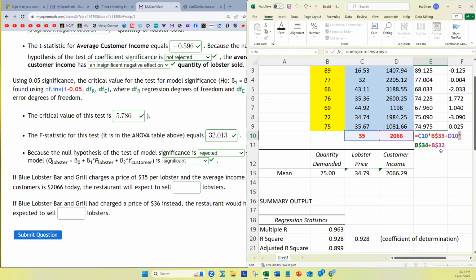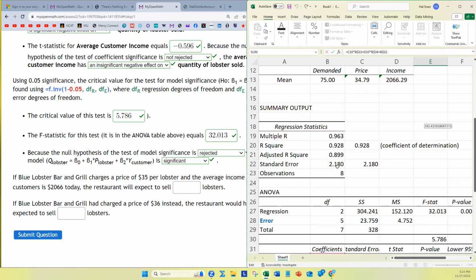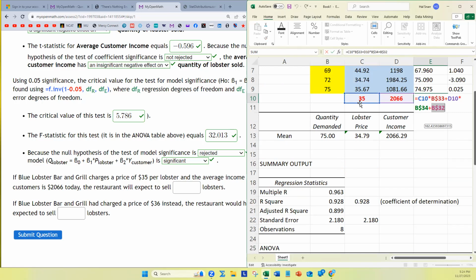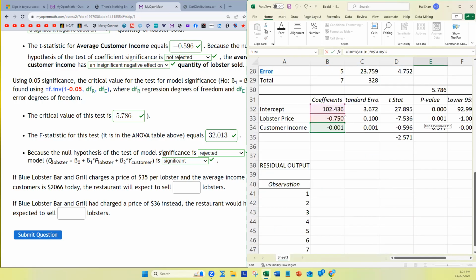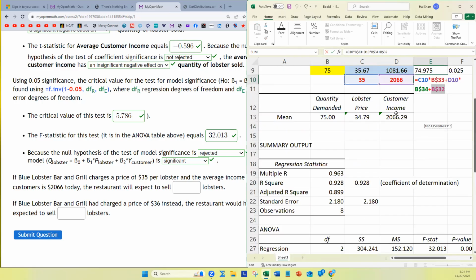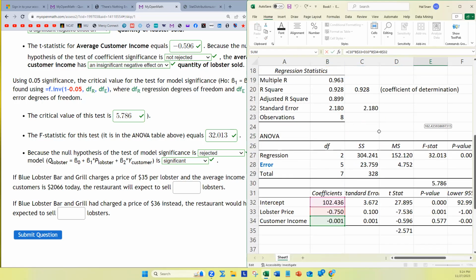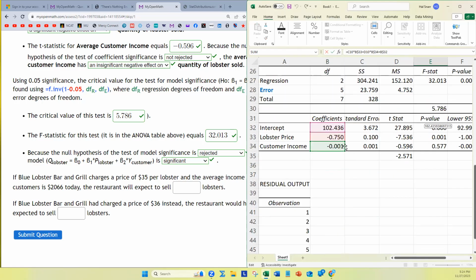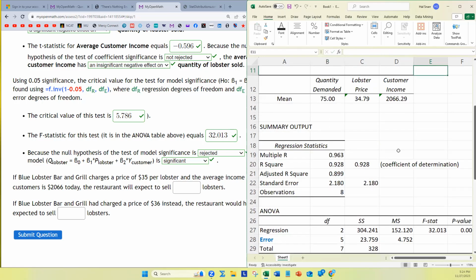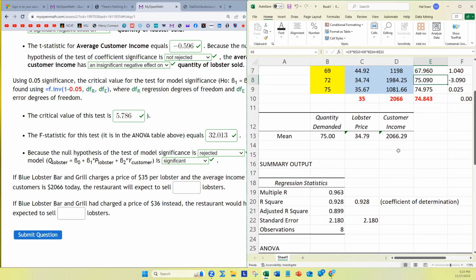And then the last thing we did is we added the intercept. So we took this blue box times this red box, added that to this purple box times this green box, and we added this maroon box, right? And we get a value of 74.843, right?